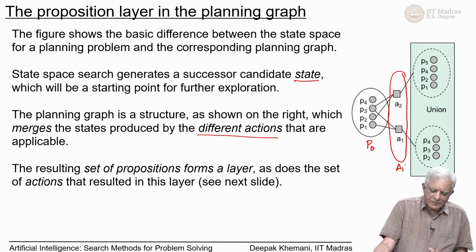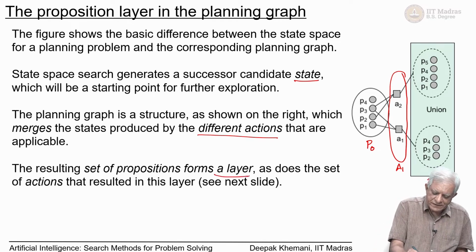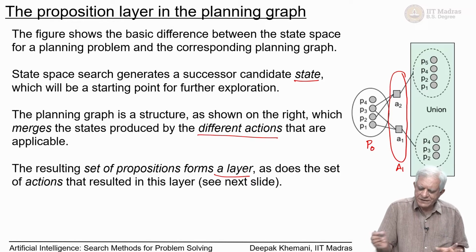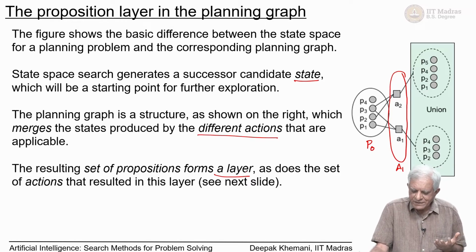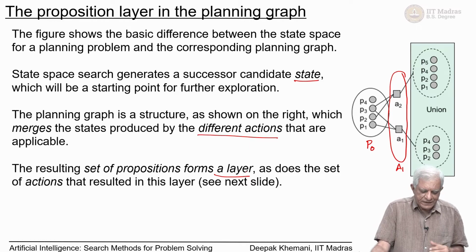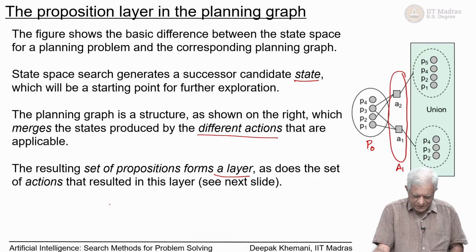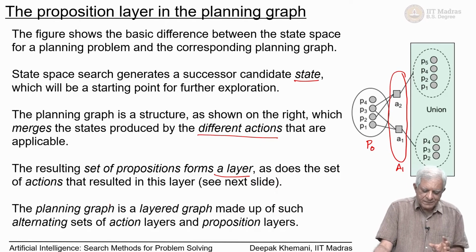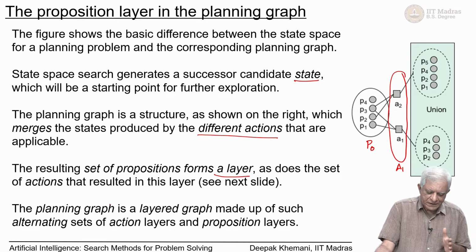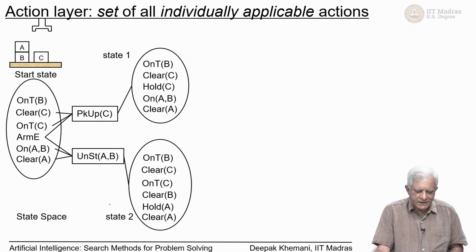The resulting set of propositions form a layer which is different from a state, which means that they may not necessarily be physically possible essentially, and as does the set of actions that resulted in this layer as we saw. The planning graph is thus a layered graph made up of such alternating sets of action layers and proposition layers. So, let us look at that.